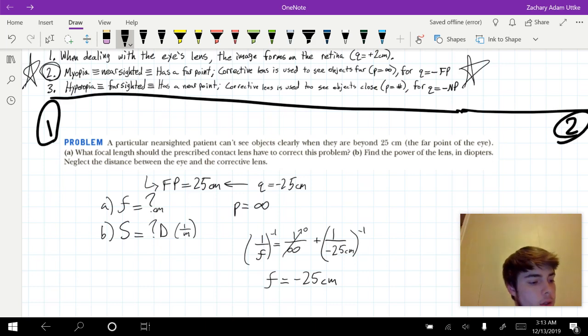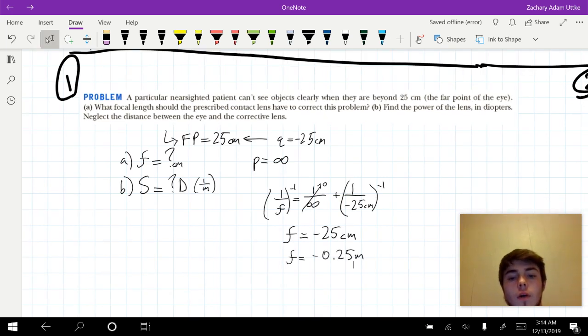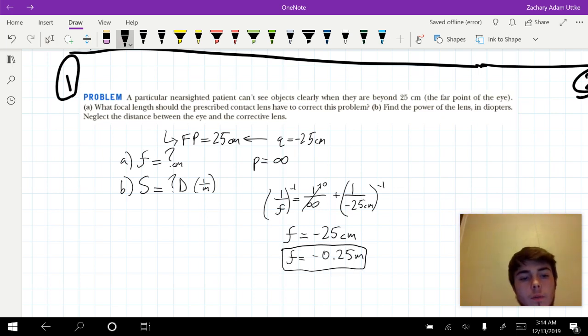And so from there, we need to convert this to meters. So F equals negative 0.25 meters. Okay, so now that we have the focal length, we can find part B, the strength or the power of the corrective lens.